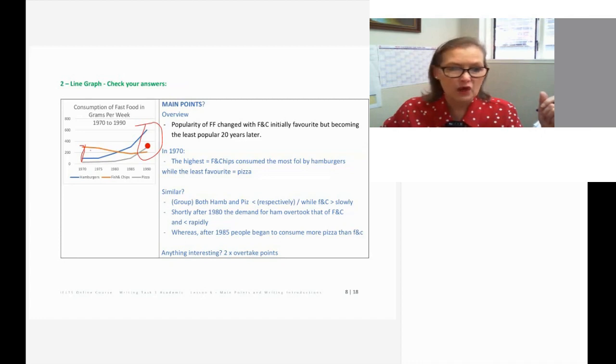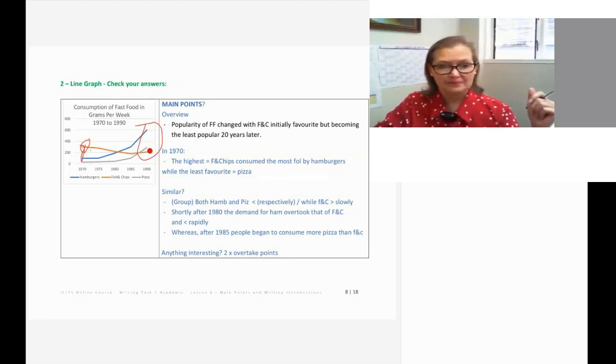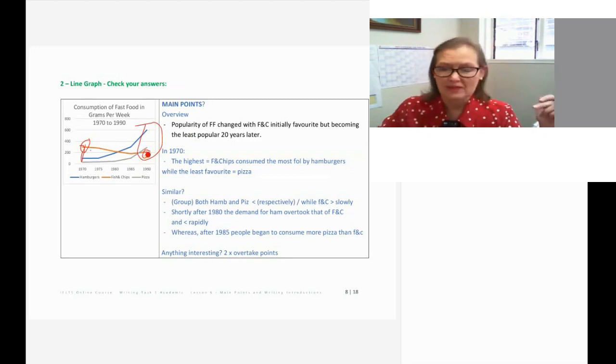Another overview point would be that for our fish and chips, we noticed that they were the most popular, and then 20 years later, they actually ended up the least popular. So that gives me a chance to talk nicely about that sort of language.